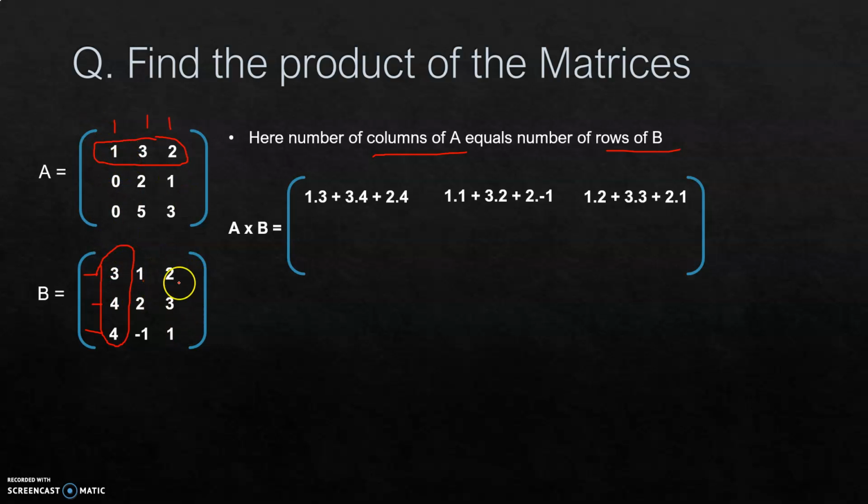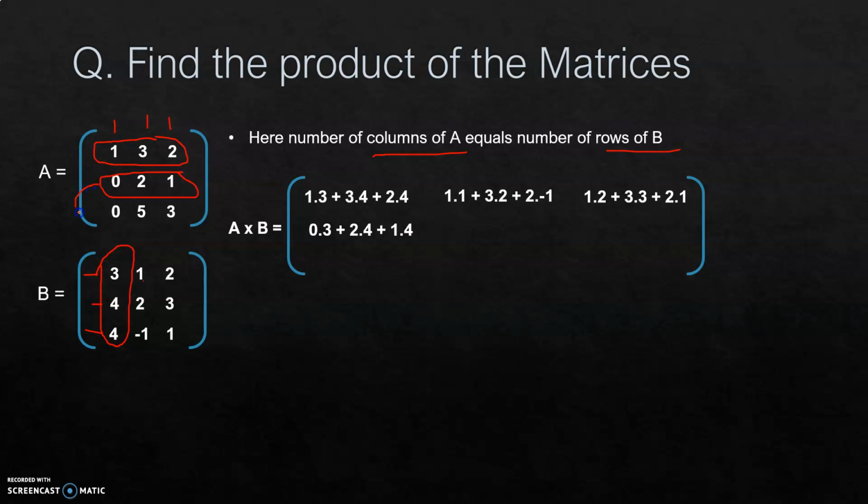So 1 into 2 plus 3 into 3 plus 2 into 1. Then we are moving to the second row of the first matrix. Second row with the first column, the same procedure: 0 into 3 plus 2 into 4 plus 1 into 4.